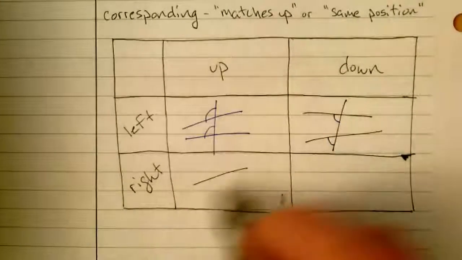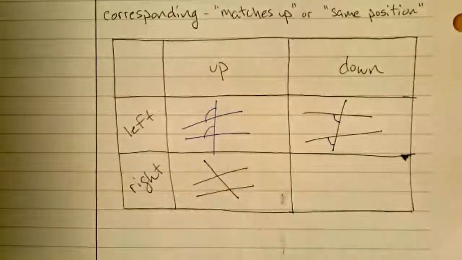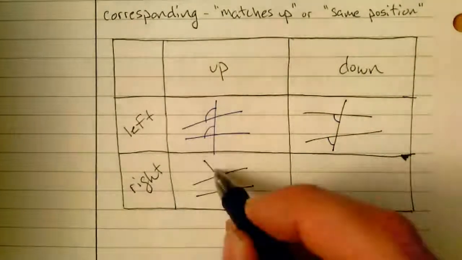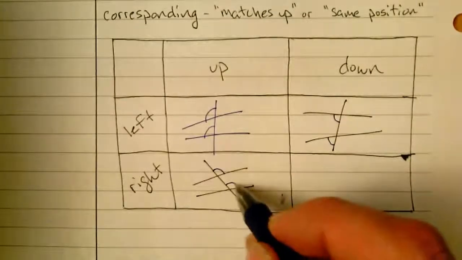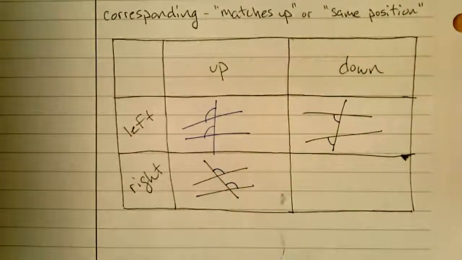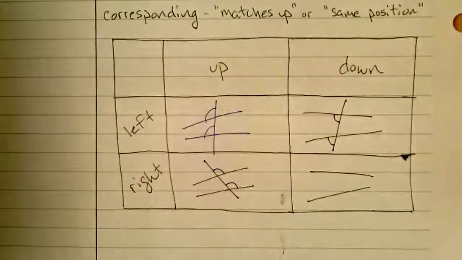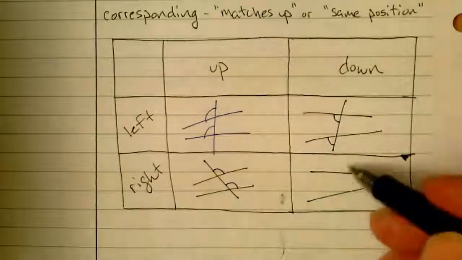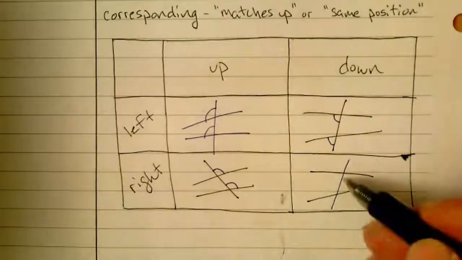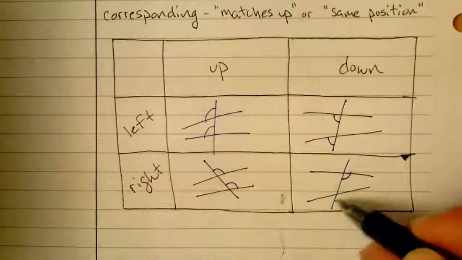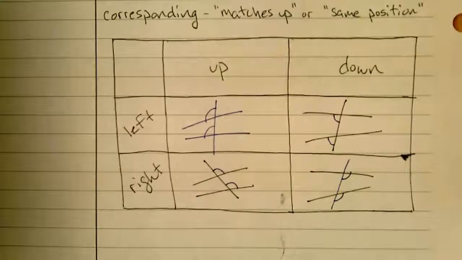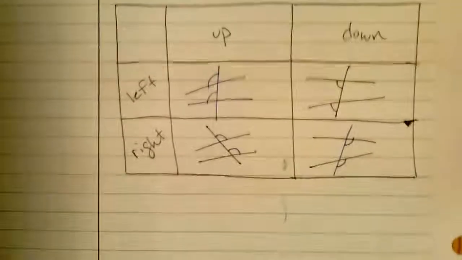We could go up and to the right, up and to the right. Corresponding angles. And we could go down and to the right, down and to the right. Corresponding angles.